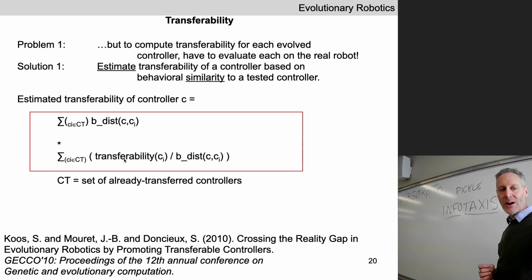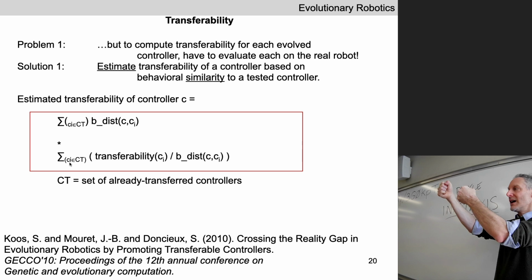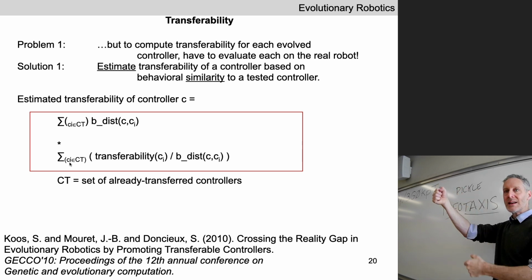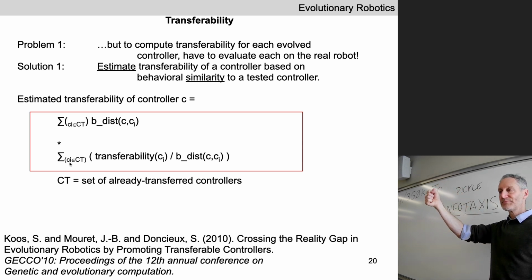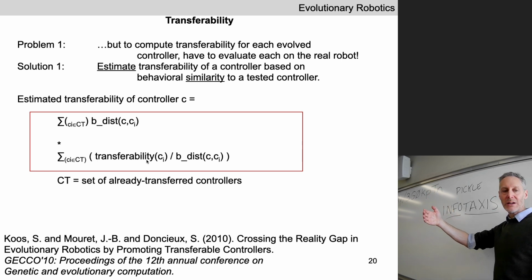Let's start down here. We'll get to the stuff on the left side of the product in a moment. We're going to sum over all the controllers in the set CT. We're going to compare C one at a time against each controller we've already sent across the gap. What we're going to do is sum up all of the actual transferabilities of the controllers that we've already sent across the gap.